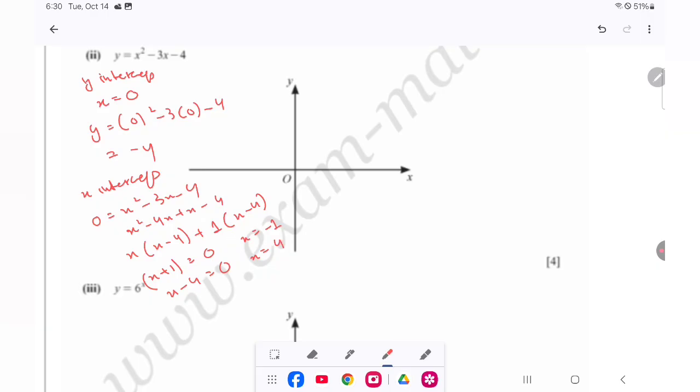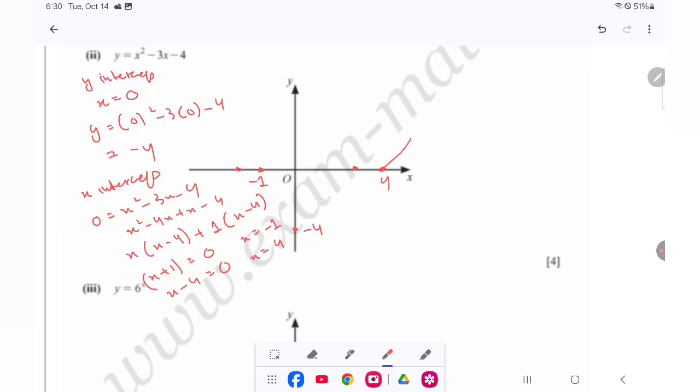The graph should be something like, for the y negative 4 and x gives two values. One is negative 1 and the other one is 4 here.